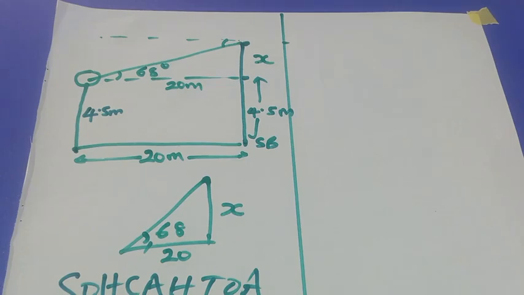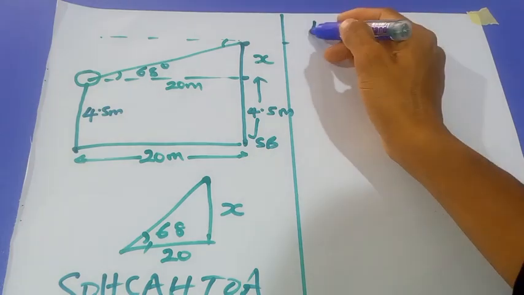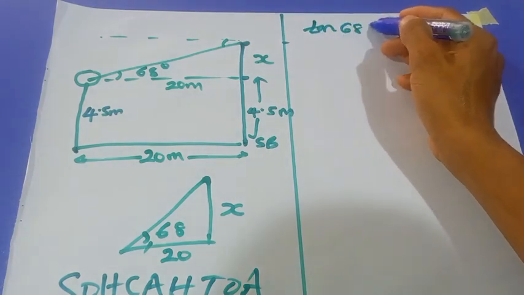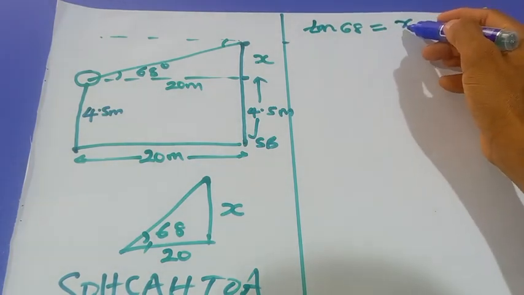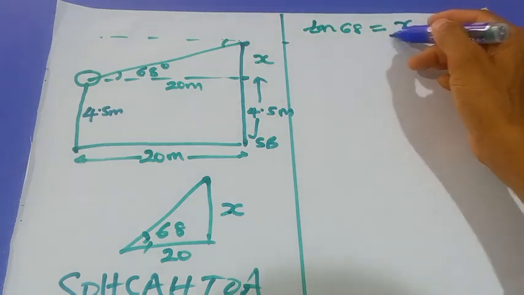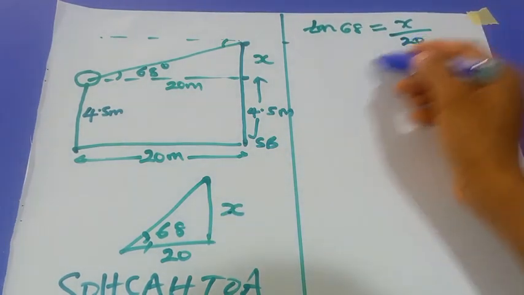Okay, what will I use now? I'll use tan 68. Tan is opposite over adjacent. So tan 68 is x, opposite, over the adjacent, which is 20.